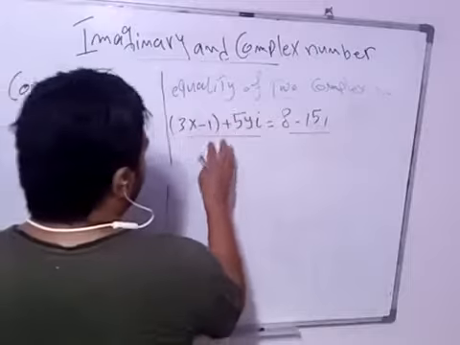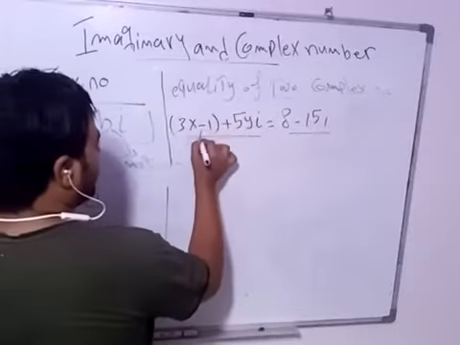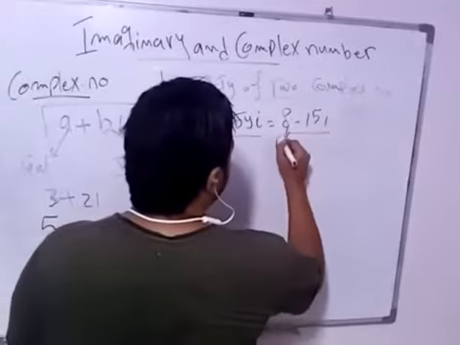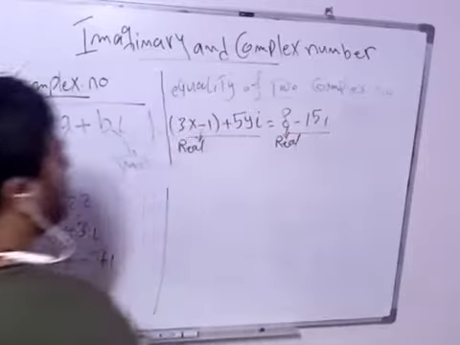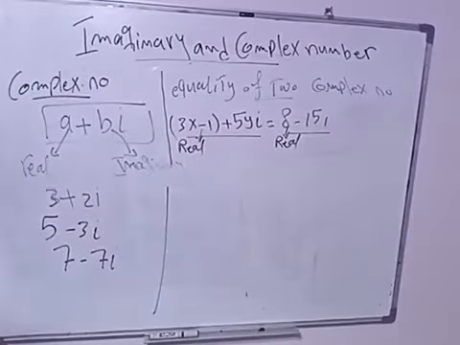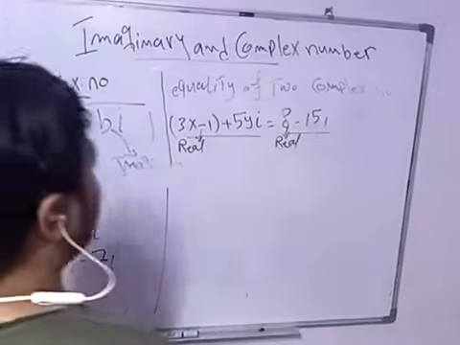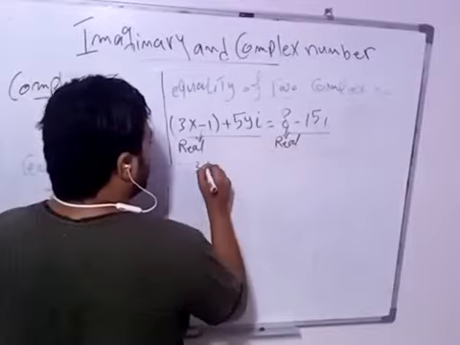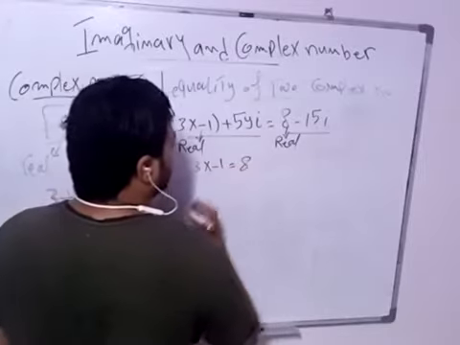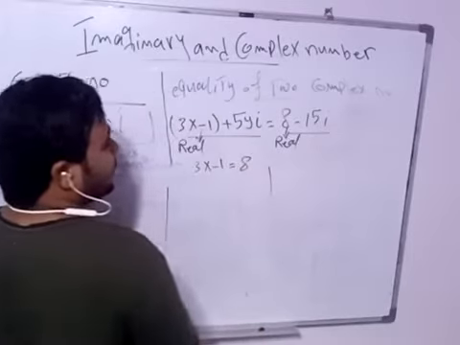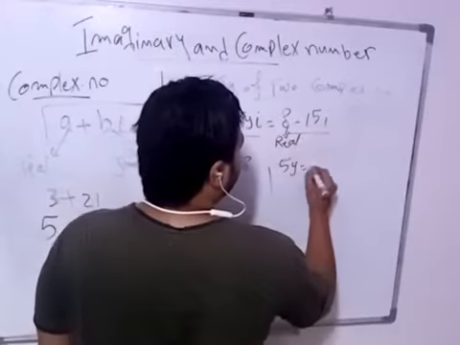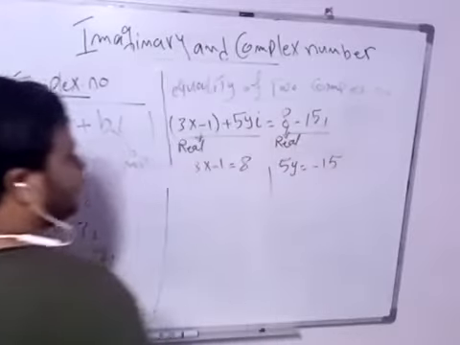What is the real part? In the first complex number, this is the real number and this is the real. So by equality, real equals real and imaginary equals imaginary. Real equals real: 3x minus 1 equals 8, and imaginary equals imaginary: 5y equals negative 15.